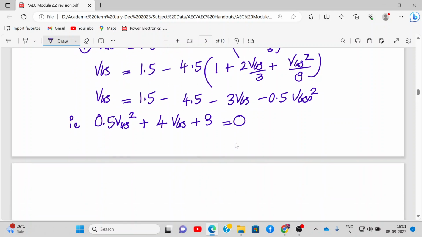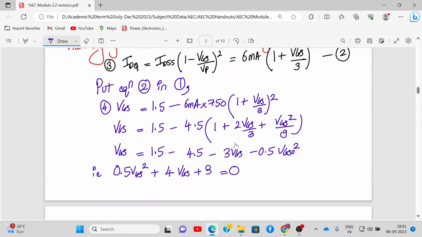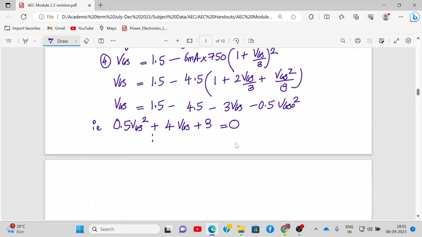Please check whether you are getting this much. This is just mathematics now. Solve this in your calculator and let me know the value of VGSQ. You will get two values of VGSQ.